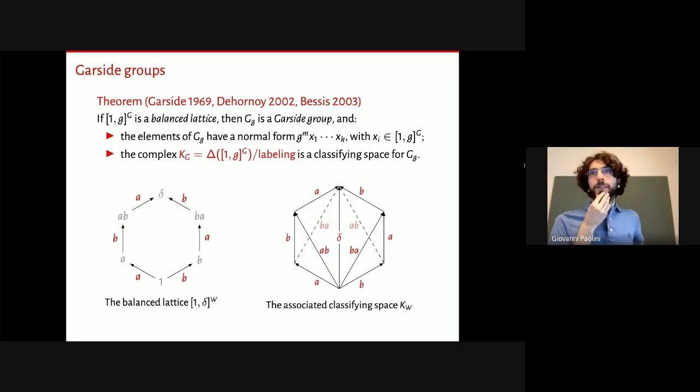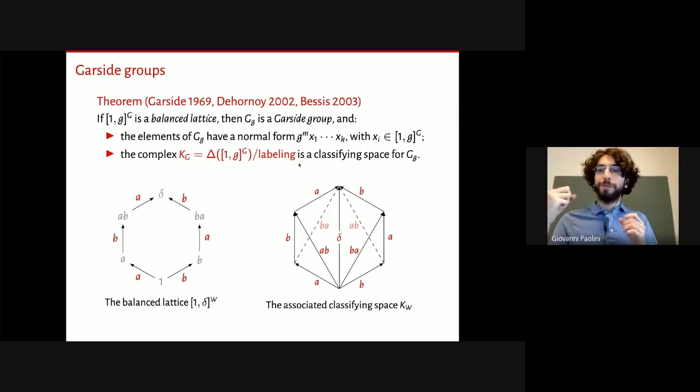It says that basically there is a nice combinatorial way to construct a classifying space for the Garside group that you have. This is especially useful if you think about proving the K-pi1 conjecture, because the classifying space of a group is unique up to homotopy equivalence.